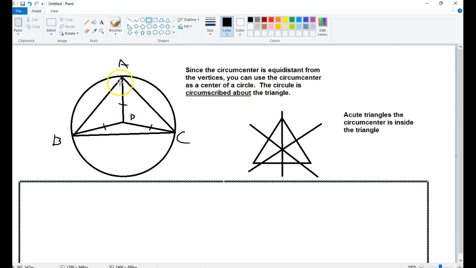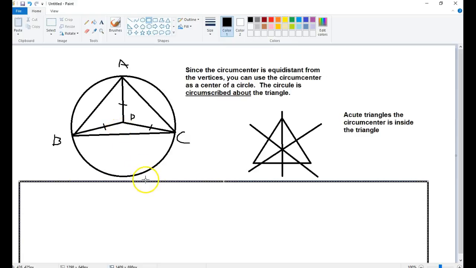Since these points are all going to be equal distance, this could be the center, and then you could draw a circle around this center point with PA, PC, and PB being the radii. So because these are all equal, this could be the center of a circle, and then you could say that the circle is circumscribed about the triangle.